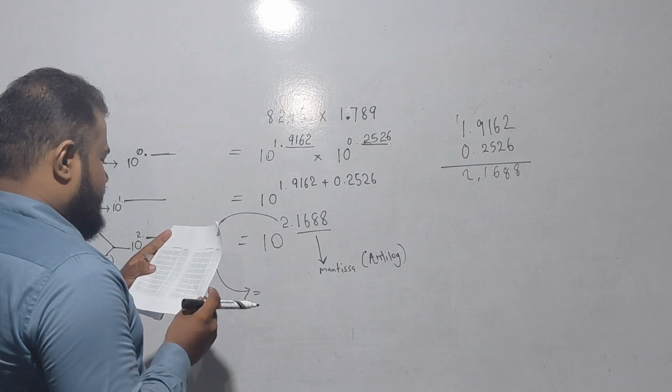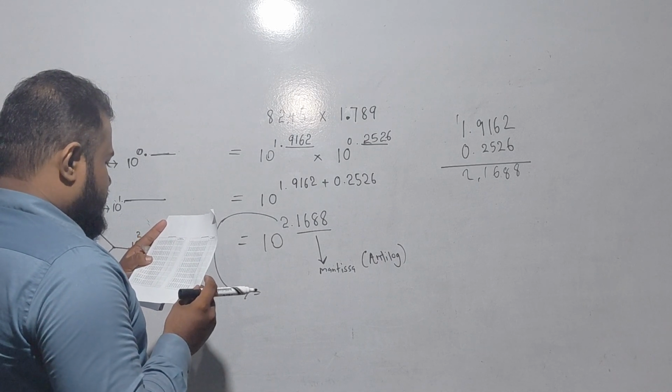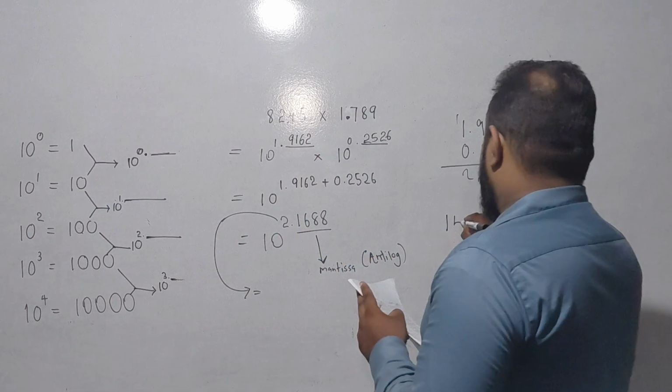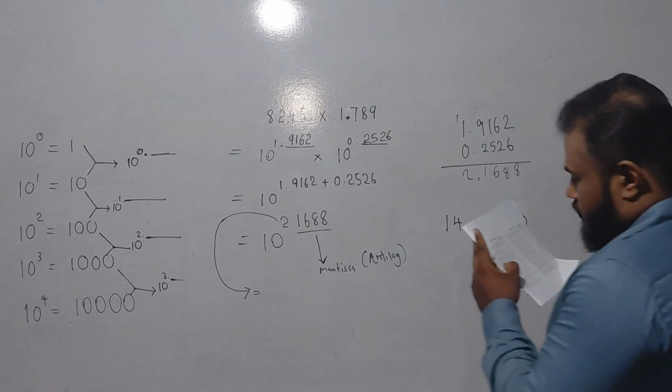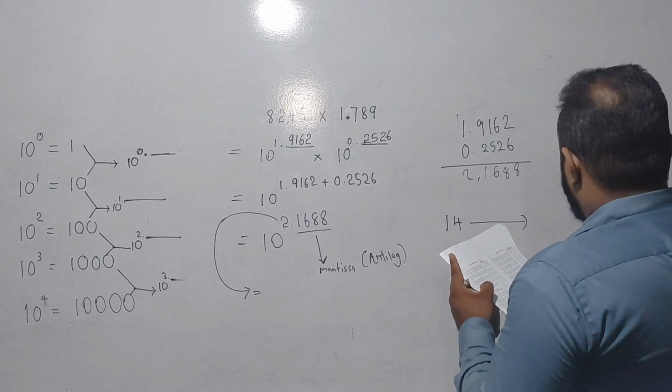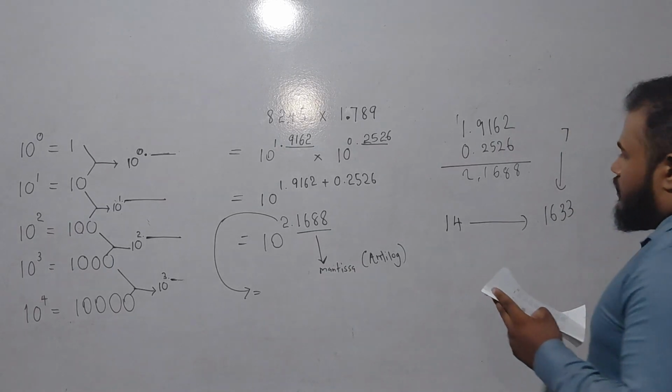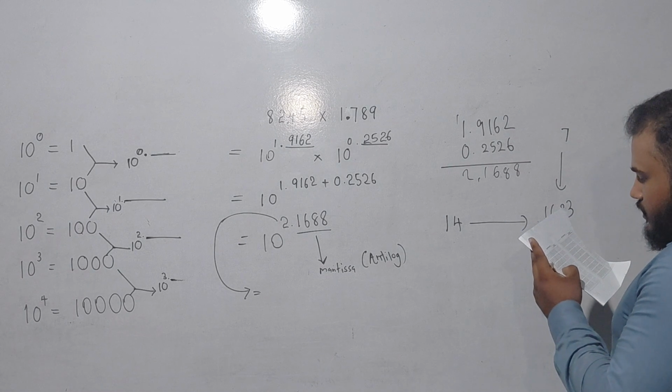There's no 1688 inside the table. There's just 1673, in 14's 7. Oh, sorry, 1673.